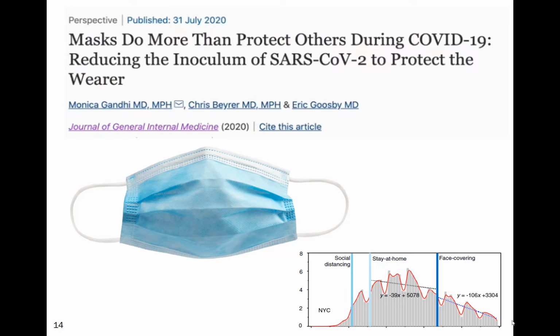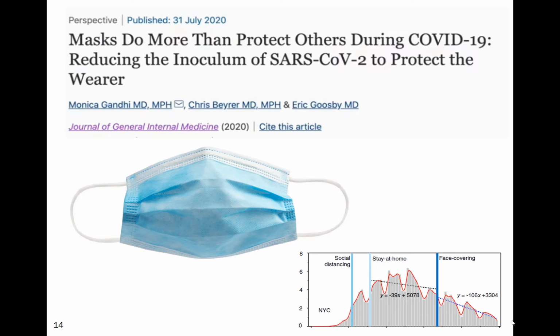So the best way of controlling this pandemic is to control droplet spread. And the most effective way of doing this is face masks. There's absolutely no question of doubt that face masks are the most effective way of controlling this pandemic. And as the slide indicates, they protect both the wearer as well as the people in contact with that person.